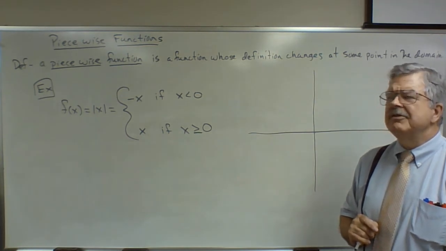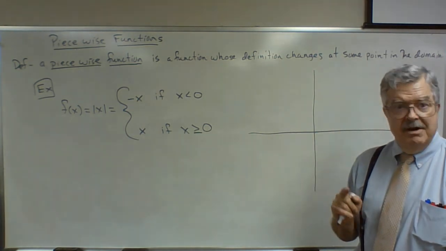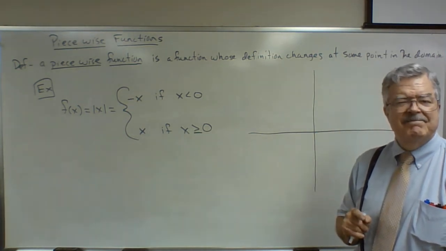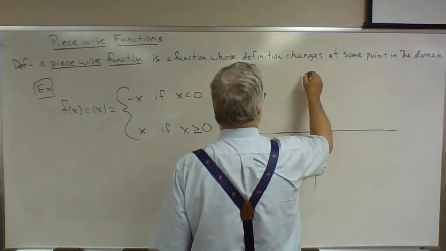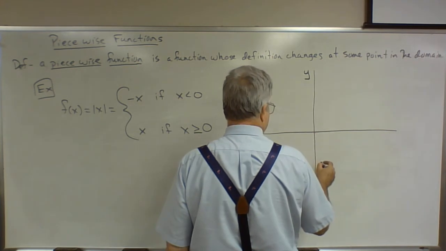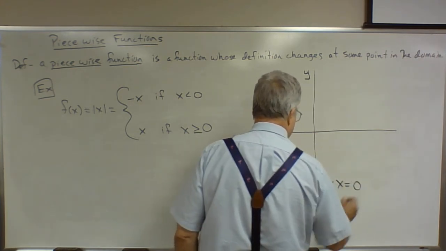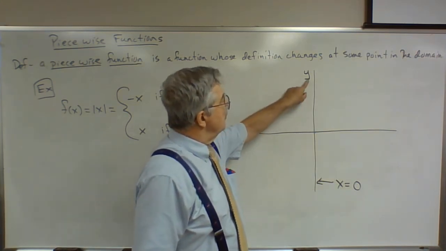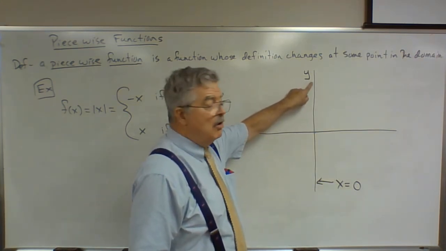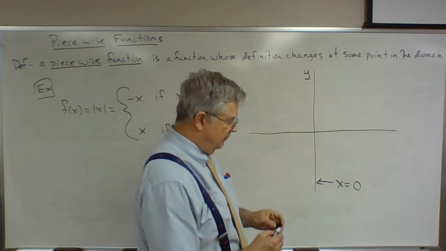Isn't the equation x equals 0 another name for the y-axis? So here's our y-axis, and that's exactly the same as saying that x equals 0, because the y-axis is the set of all points in the xy plane where x equals 0.